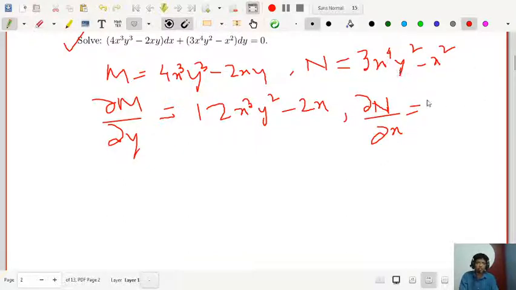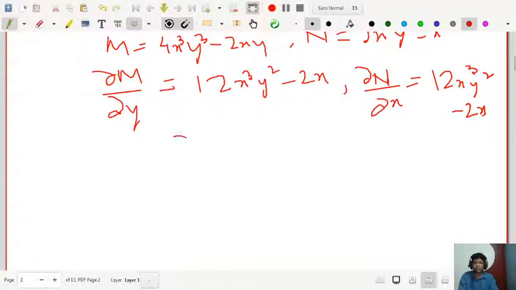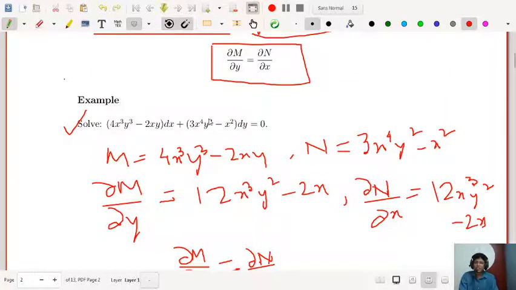In this case also you are getting 12x cube y square minus 2x. So you are confirmed that del M del y equals del N del x. So the equation is exact, and if the equation is exact, it can be expressed in the form du equal to 0.